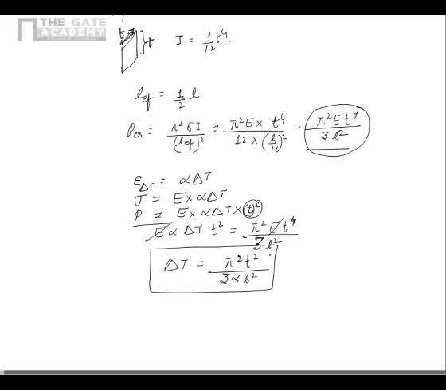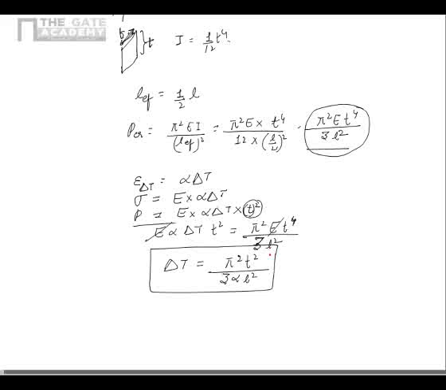Now please see that this delta T is independent of the material, and that's logical also, because whatever happens on the thermal side will also be happening on the buckling side, and E is like a linear quantity in both of them.